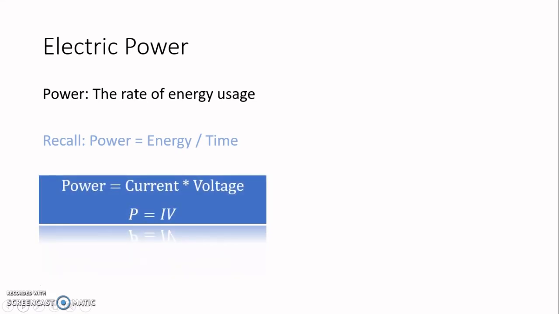So if we were to work with that a little bit, massage the equation a little bit, it would come out that electric power is the product of current and voltage. P equals IV, power equals current times voltage. And electrical power is often given in either watts or kilowatts.